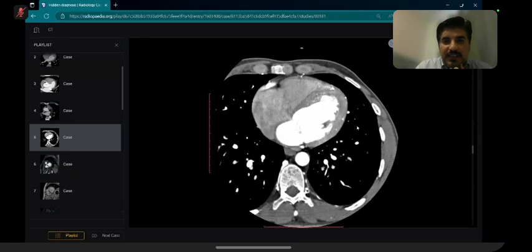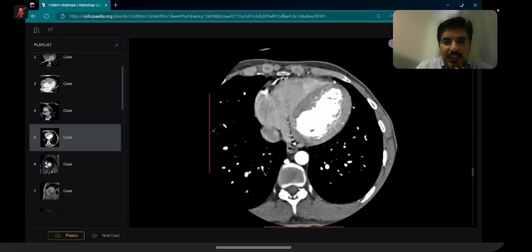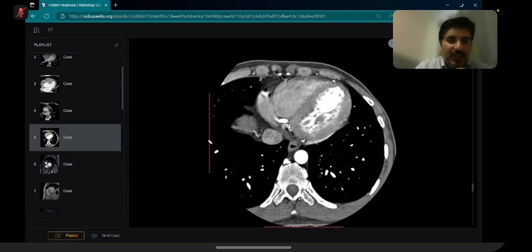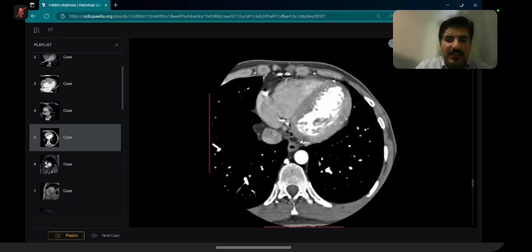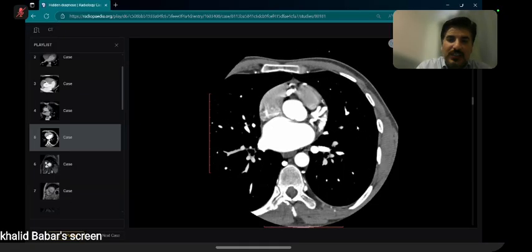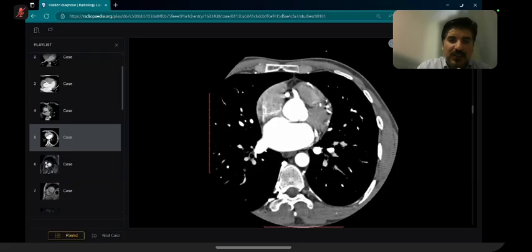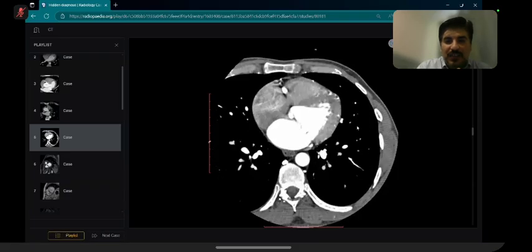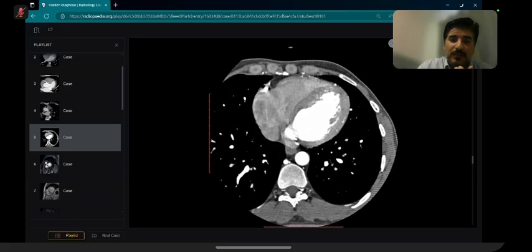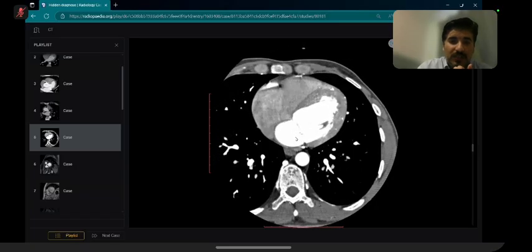So if you look at this cardiac CT scan, you can immediately see big coronary arteries. Whenever you see big coronary arteries, it means either there is some fistulous communication, and usually the fistulous communication is with the coronary sinus, which is this venous structure here, or there is some anomalous origin.